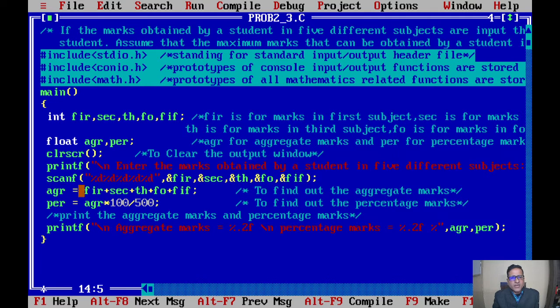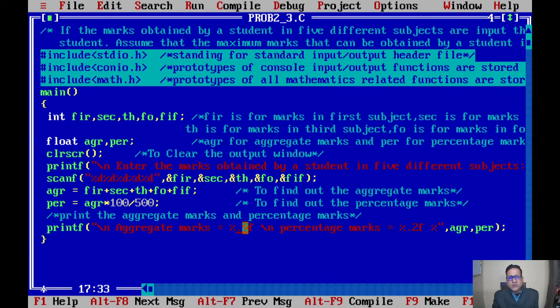After that, for aggregate we will take the total of these subjects. So here we simply add the first, second, third, fourth and fifth, and to calculate the percentage we multiply this aggregate by 100 and divide by 500. In the last statement we print these aggregate marks.